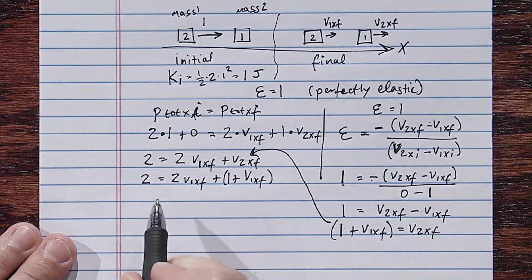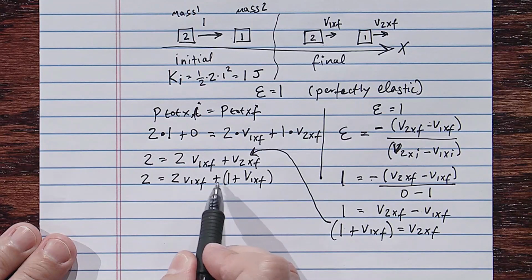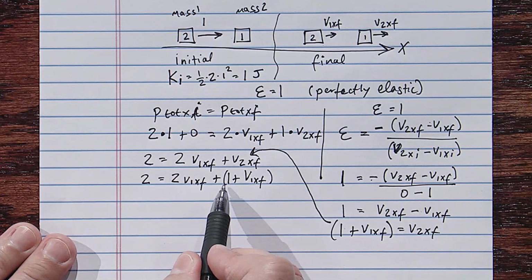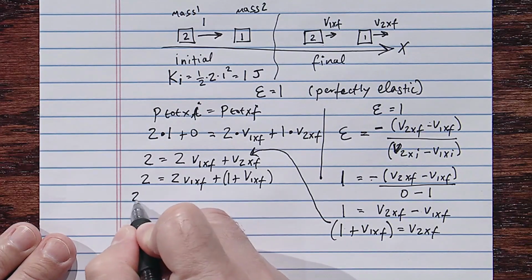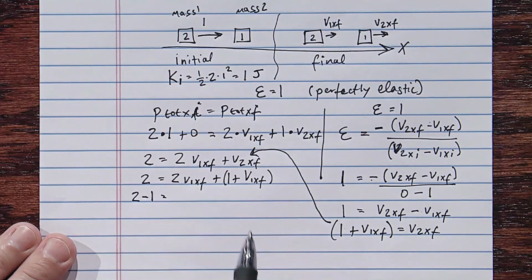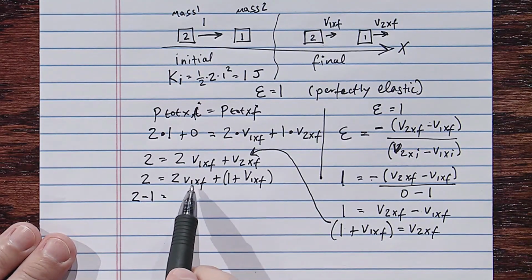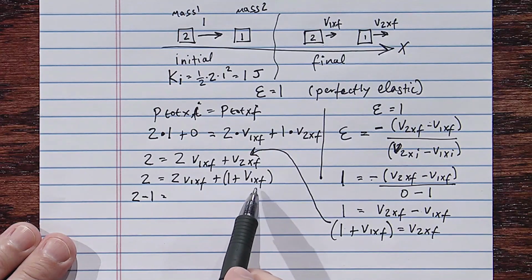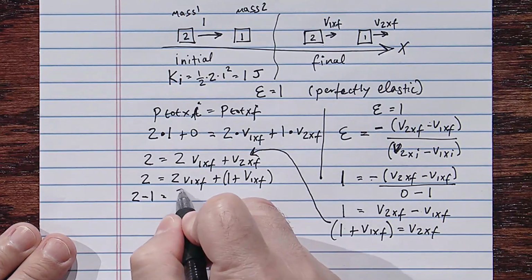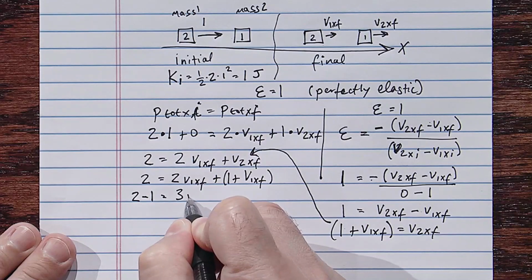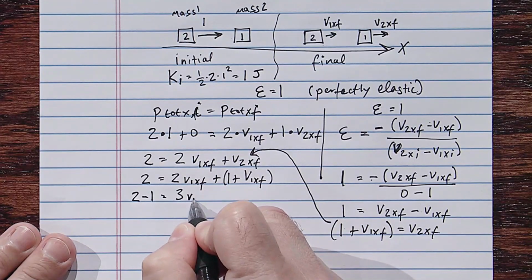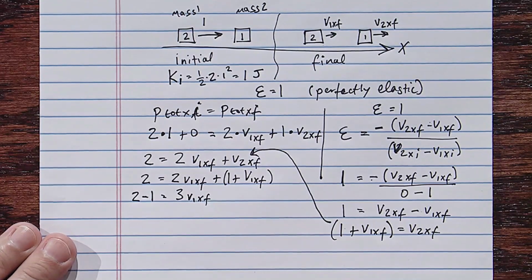I'll subtract 1 from both sides. That says 2 minus 1, and here I have 2 V1x final plus V1x final, so 3 V1x final.